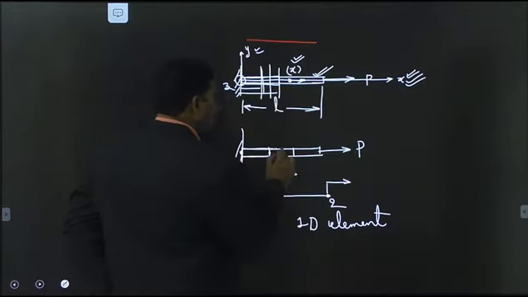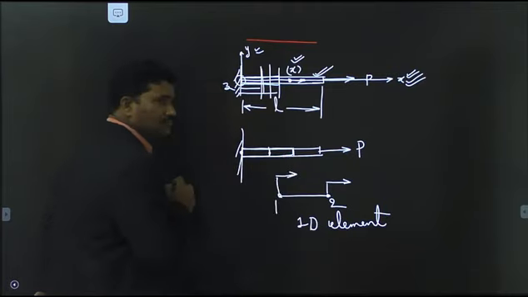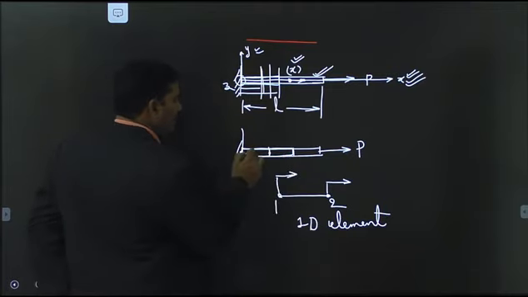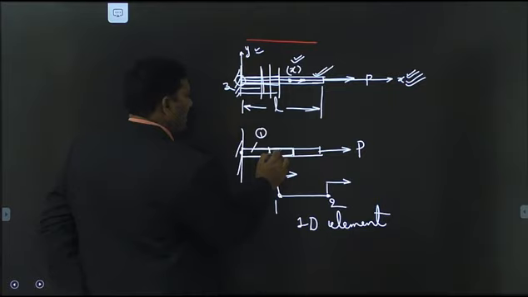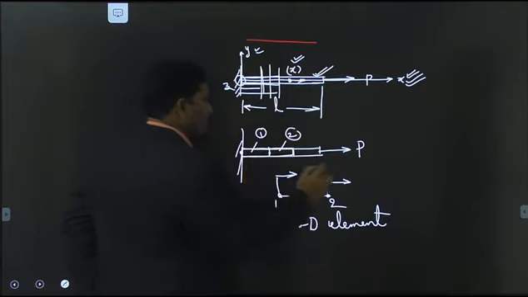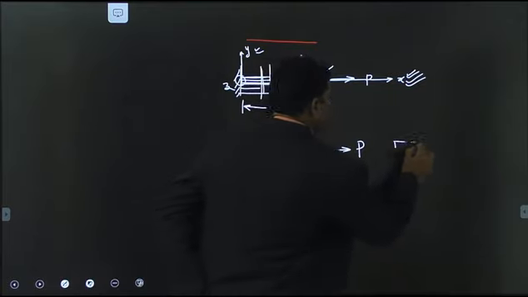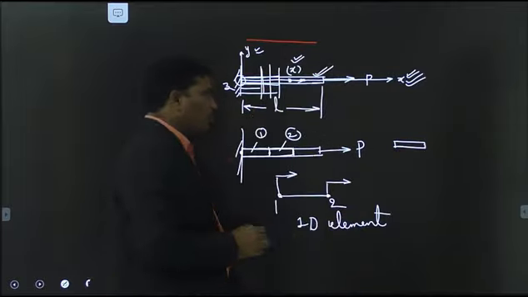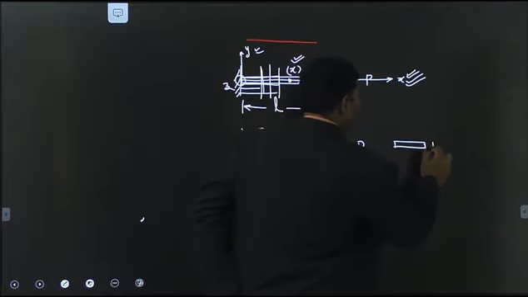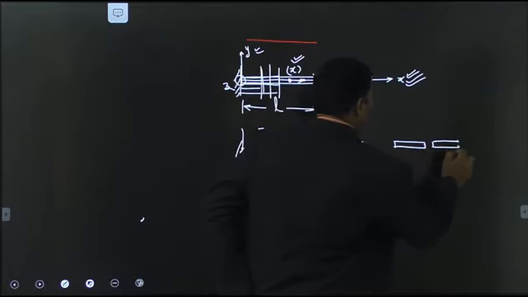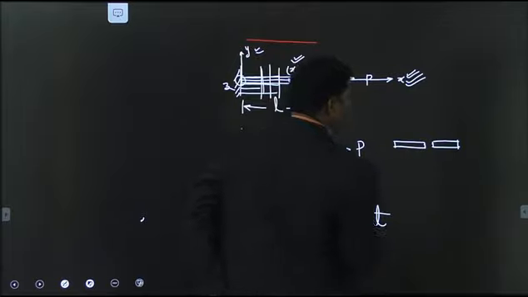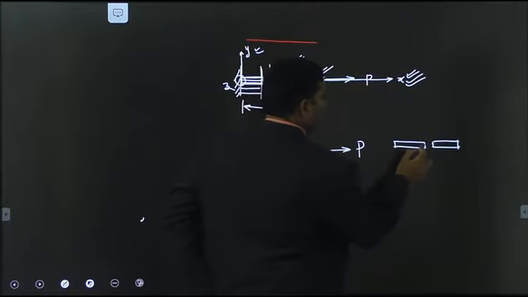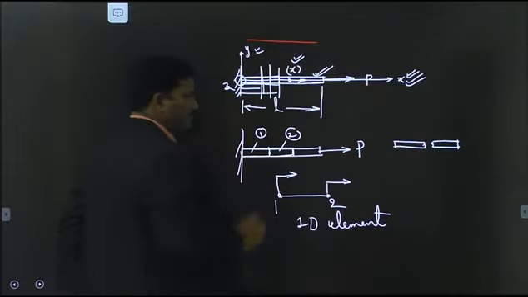If you say this is the first element and this is the second element, the second node of the first element coincides with the first node of the second element.